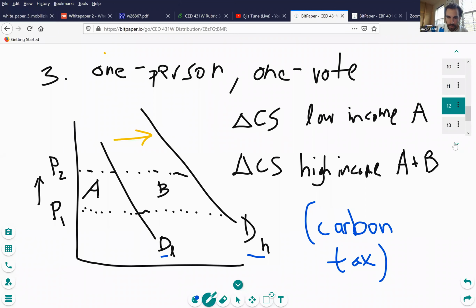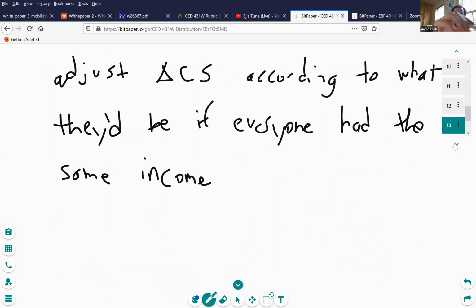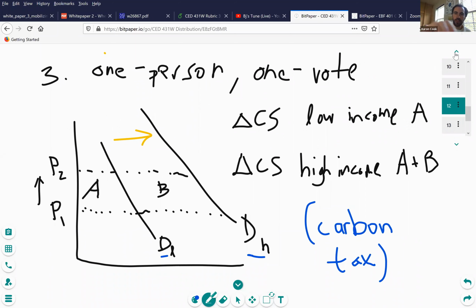And so there's potentially an issue under this one person, one vote philosophy. This says that in a democracy, everybody gets one vote, and it doesn't matter how much money you have.